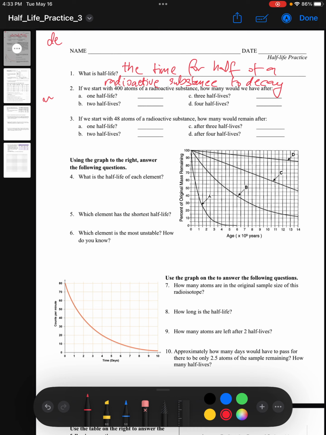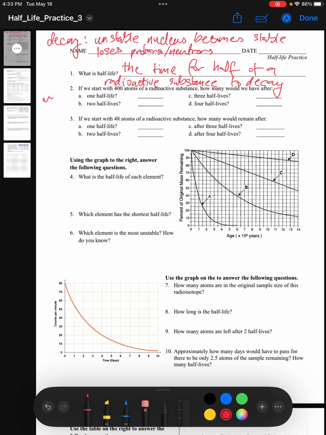So decay, that means the unstable nucleus becomes stable. The unstable nucleus loses protons or neutrons to become stable.